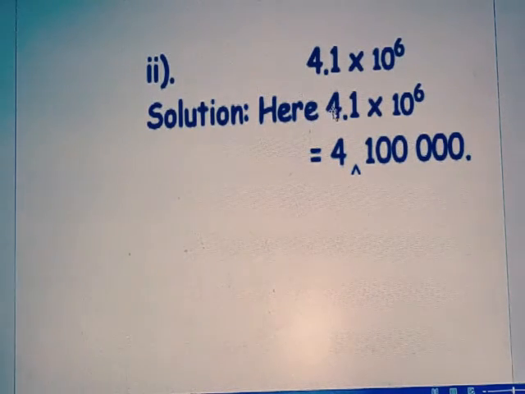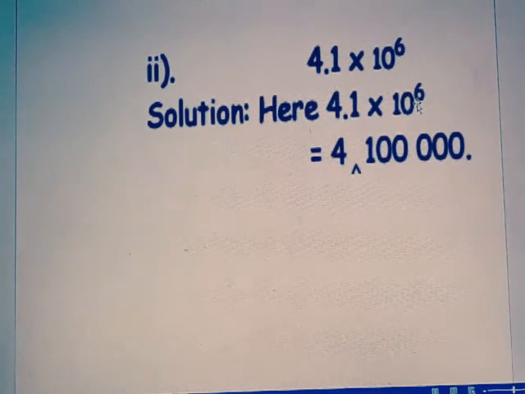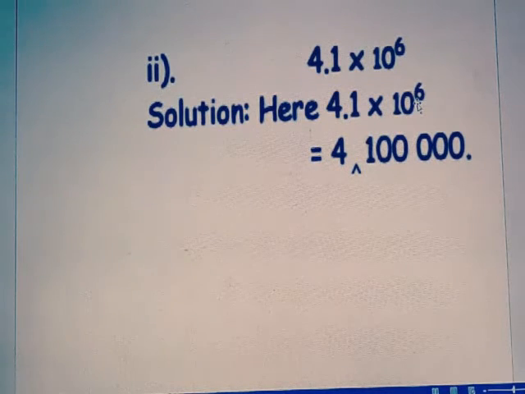Here given is 4.1 multiplied by 10 power 6. We see the power is positive, which is equal to 6. So we move the decimal point 6 places to the right.